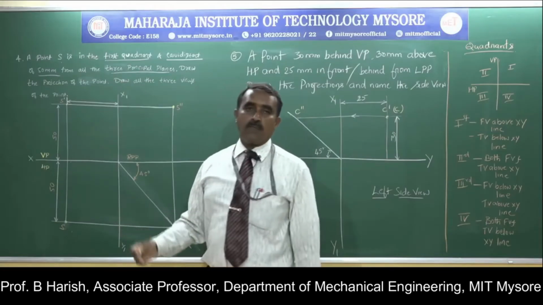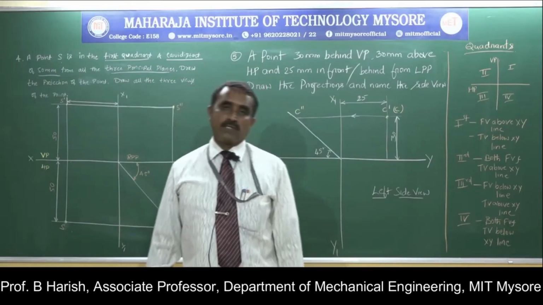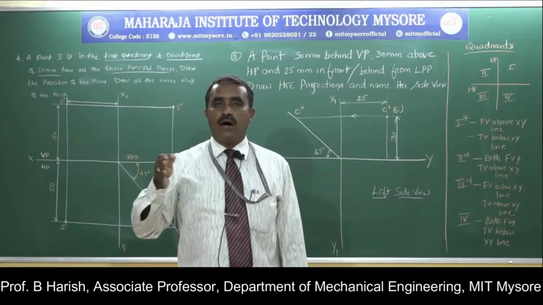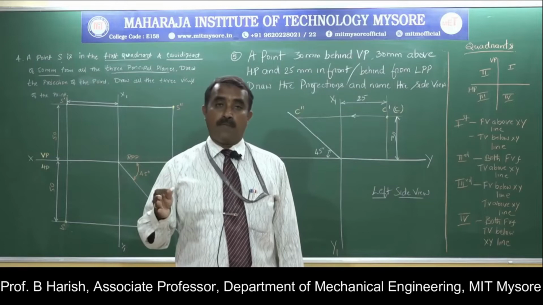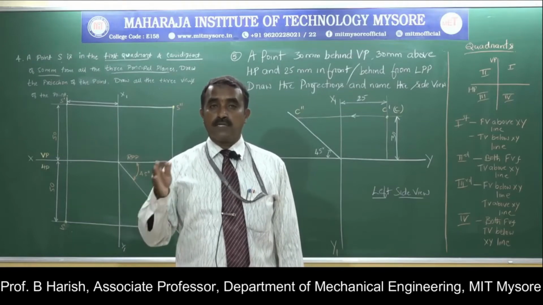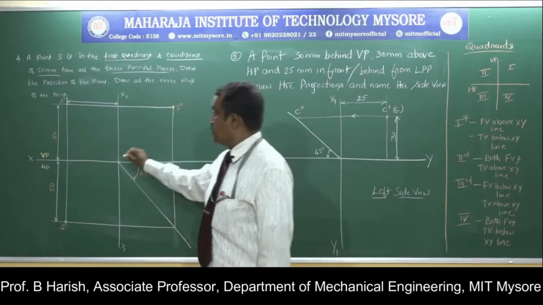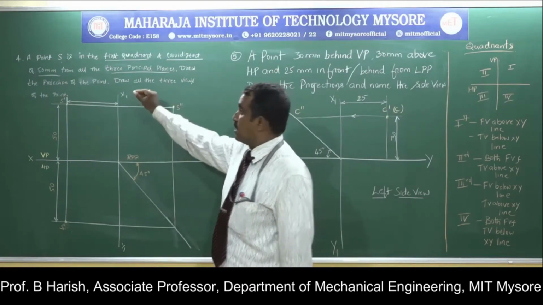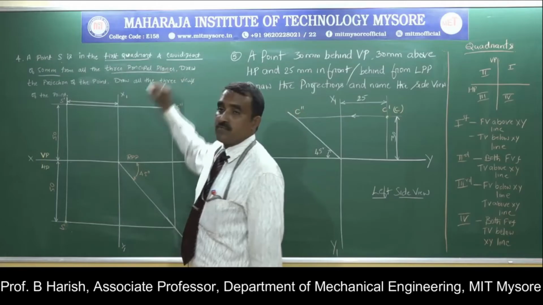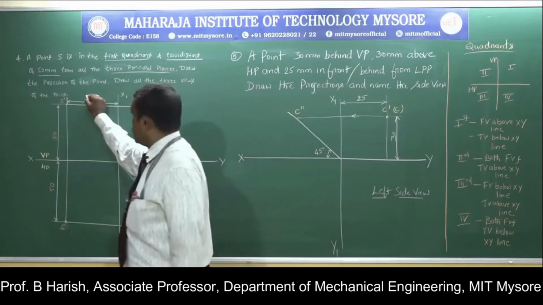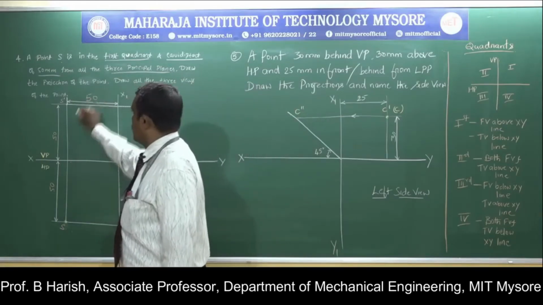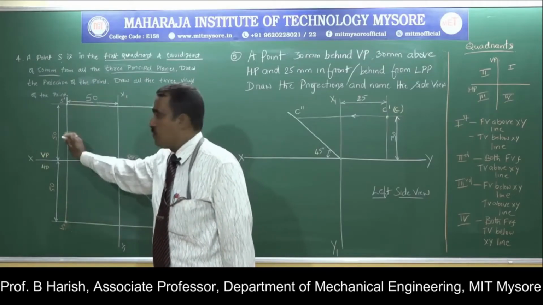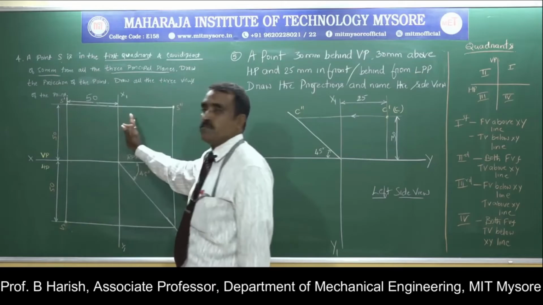To fix one more plane: in the previous problem, some distance from the profile plane was given, but here he has not mentioned any distance. But he is telling us that from all the three planes it is 50 mm. So from the projector where I fixed the top and front views, I will measure a distance of 50 mm.